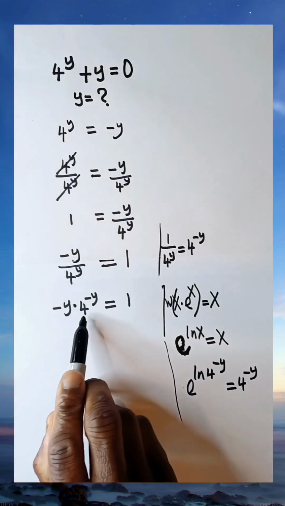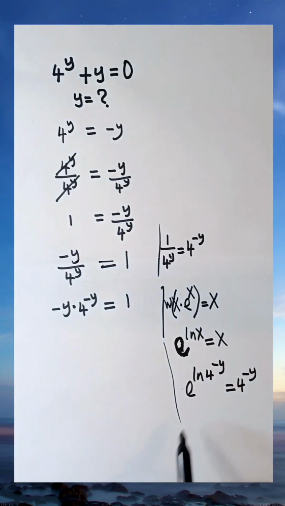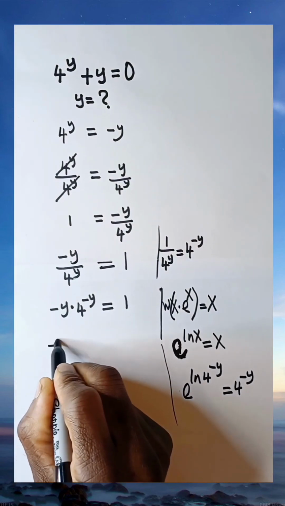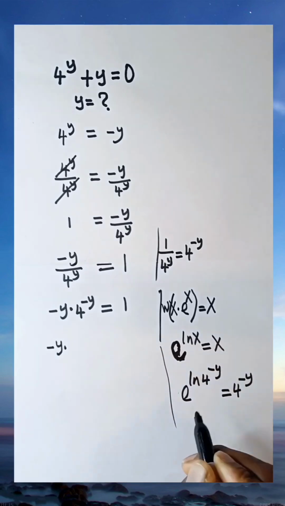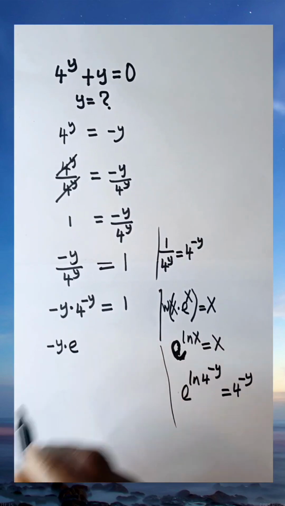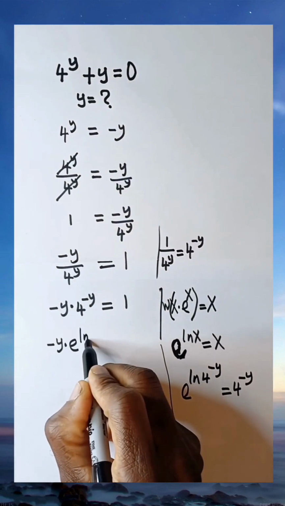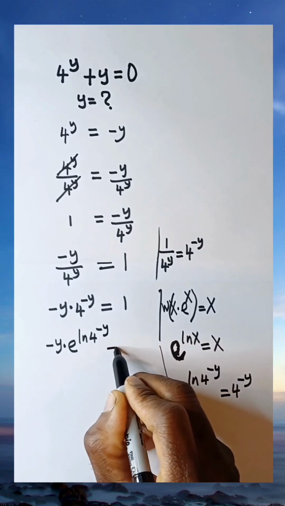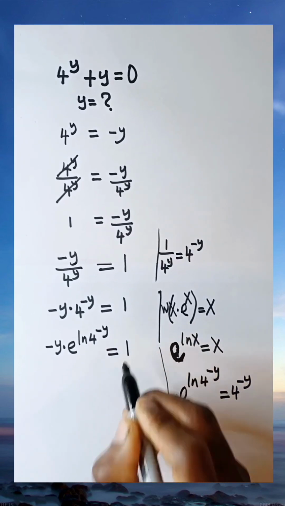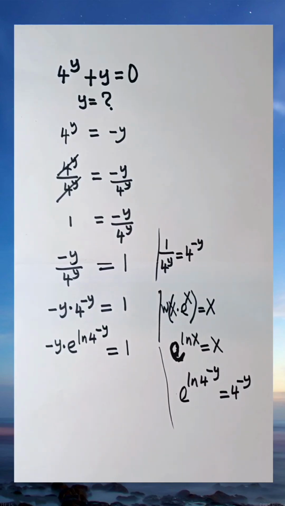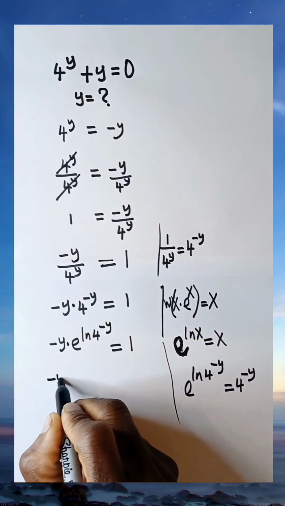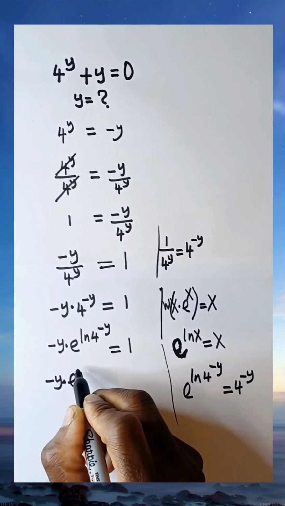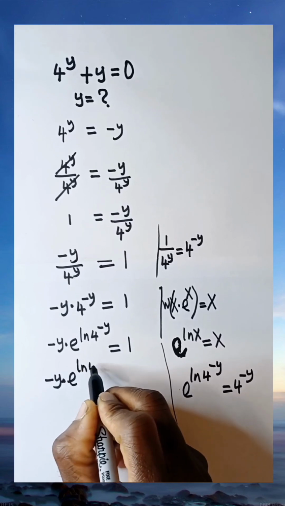So we are going to replace 4 raised to the power of minus y with this expression. So we will have minus y times e raised to the power of the natural log of 4 raised to the power of minus y, and this is equal to 1. Okay, so this will become minus y times e raised to the power of natural log of 4.